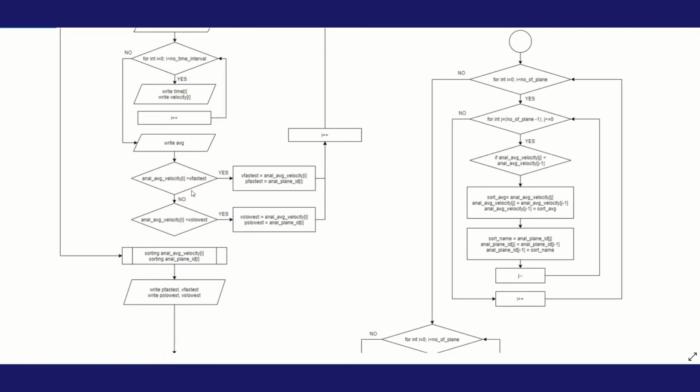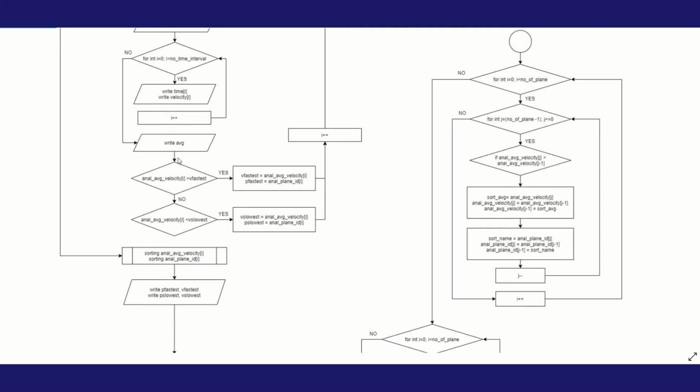And then we are going to check the condition. This is basically for the analysis of average velocity. If the average velocity for the plane just now is greater than v fastest, which is holding the value of 0, if the condition is true, then v fastest will hold that value of the average velocity, and also the plane ID just now will be considered the fastest plane, and it will be stored in p fastest.